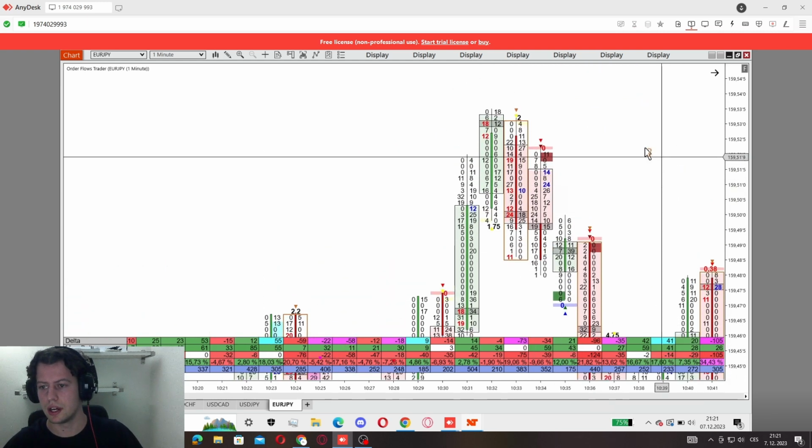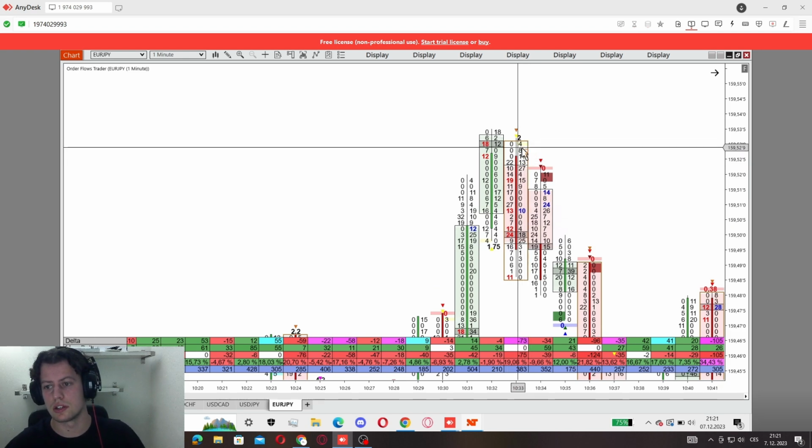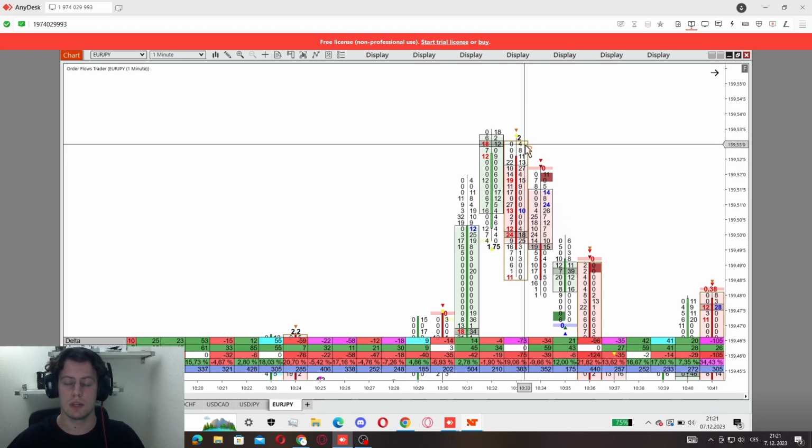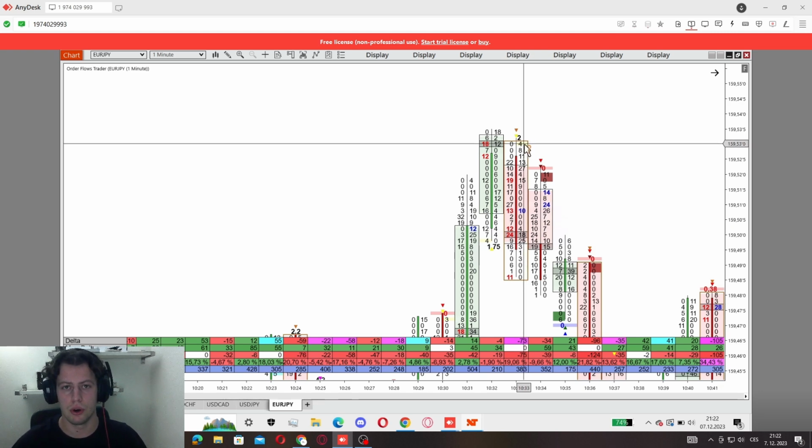So we have these two conditions. You can see this yellow box, it's the exhaustion print. It means that buyers don't have power, they just can't. There are just 4 buyers, and this means the last buyer bought. So we are going to be bearish now.